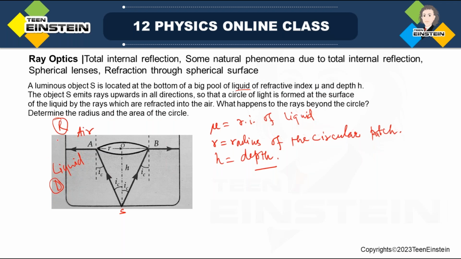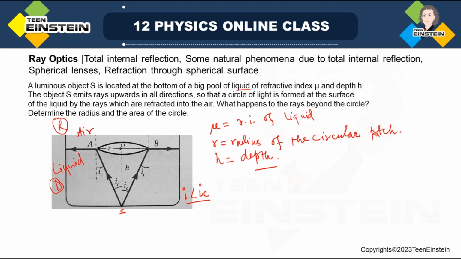Okay. And see how we see the patch. The rays which are below the critical angle of incidence, the rays which are incident at the interface with an angle of incidence less than IC, they will be directly refracted.